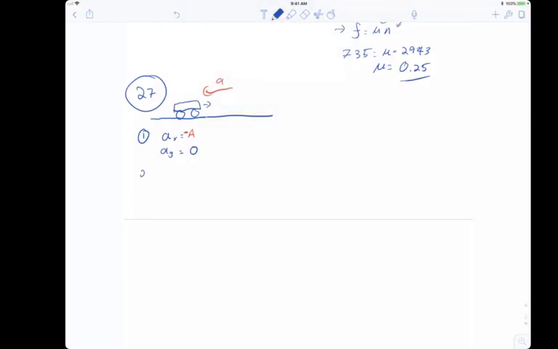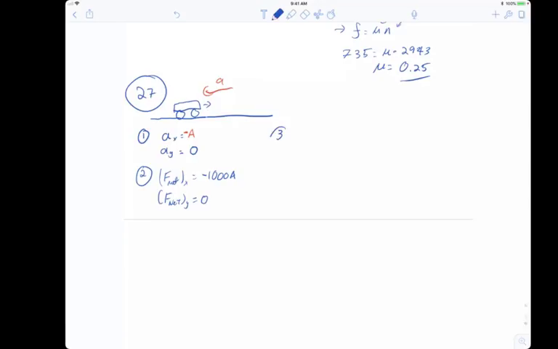Okay, step 2, net force. F net in the x direction is going to be 1,000 kilograms times minus A. F net in the y direction is 0.